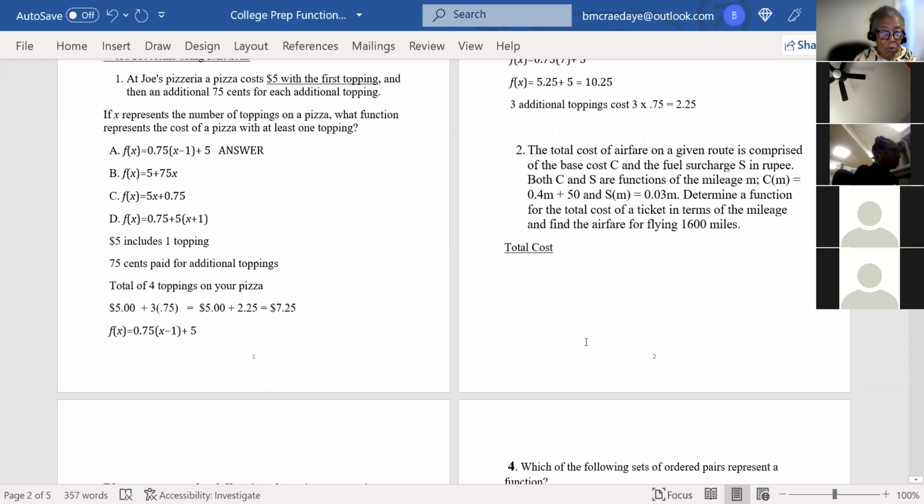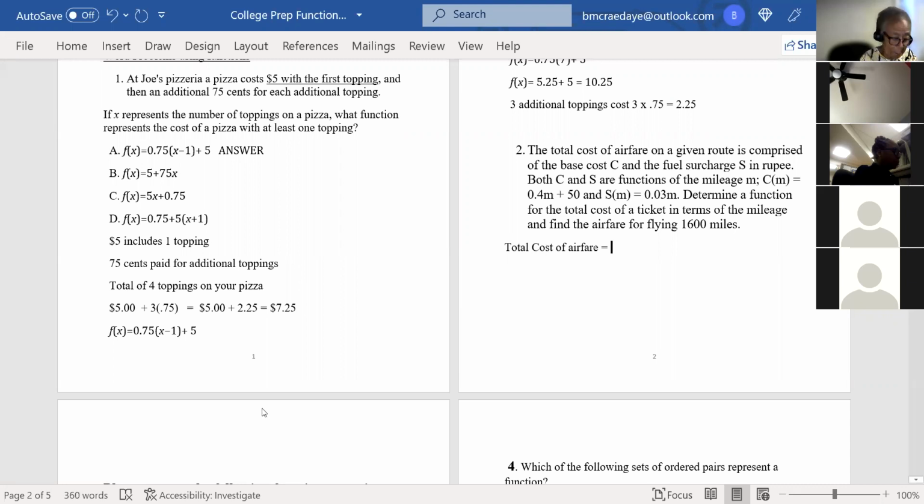Okay, this is total cost of the airfare. Okay, total cost of airfare is equal to 2 things.